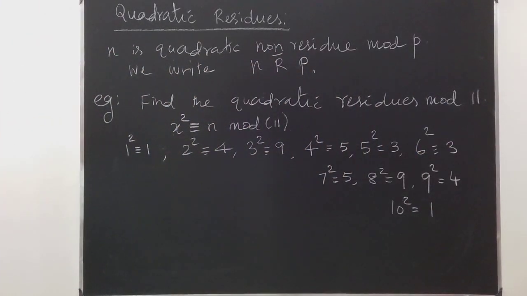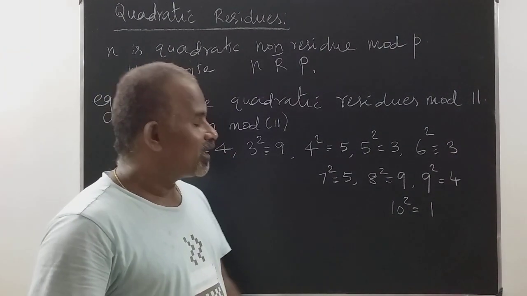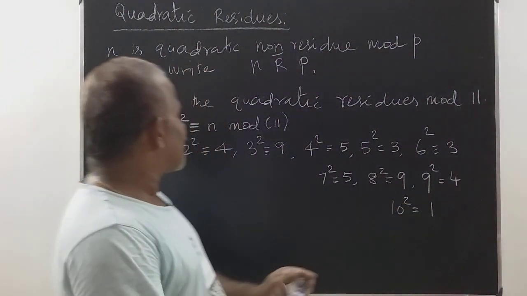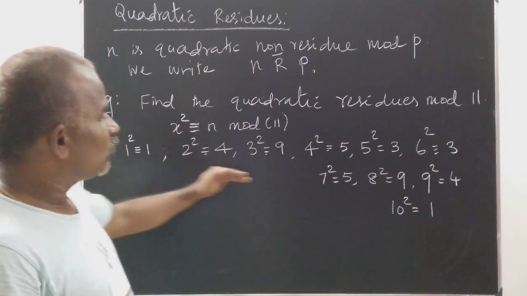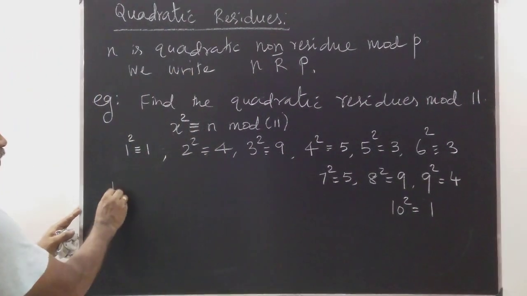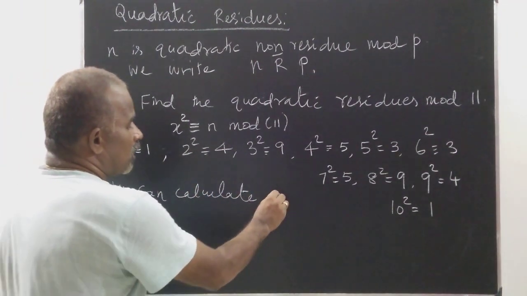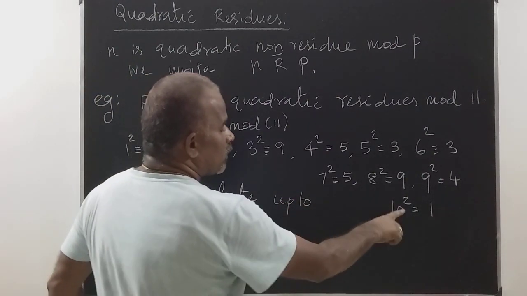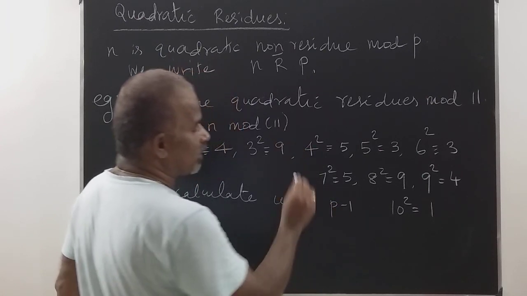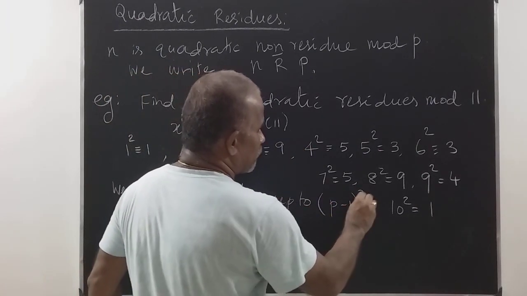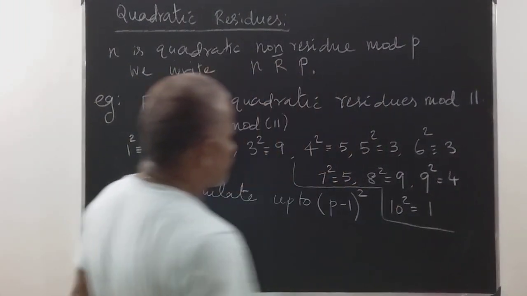Okay. See that, instead of finding all the way to 10 squared, if you take 11 squared, 11 divides 11. So we can calculate up to p minus 1 squared, where p is 11 and p minus 1 is 10.